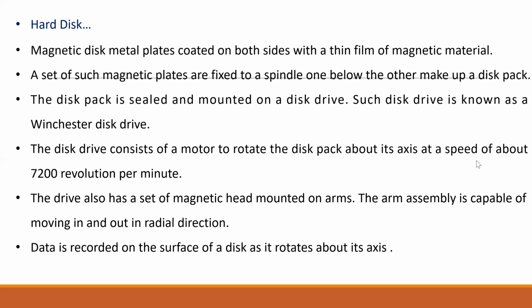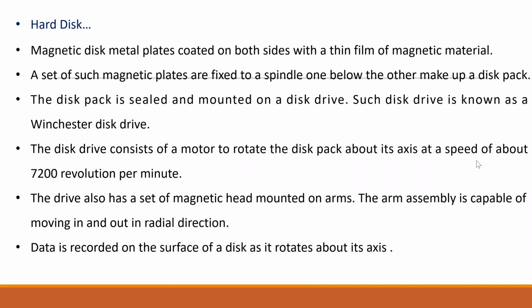The purpose of the head, to read data or write data, depends upon the controller signal. If the control signal comes for read, it will read the data. If the control signal is write, it writes the data as you see in your memory cell. So data is recorded on the surface of a disk as it rotates about its axis.